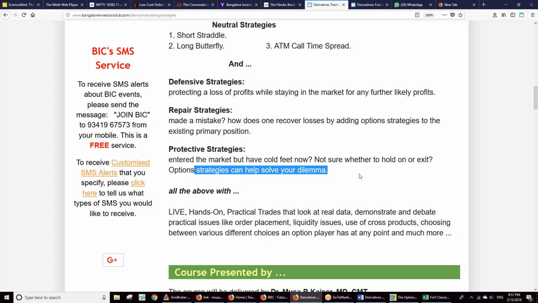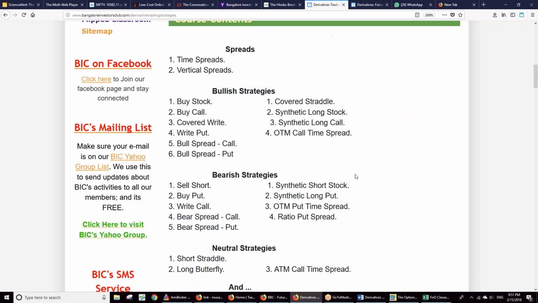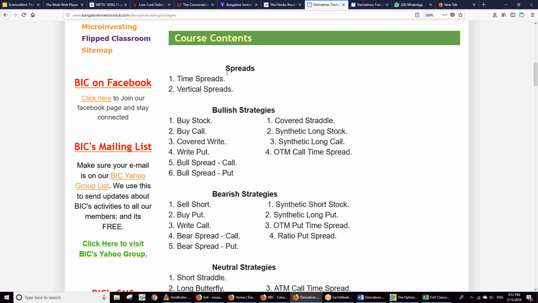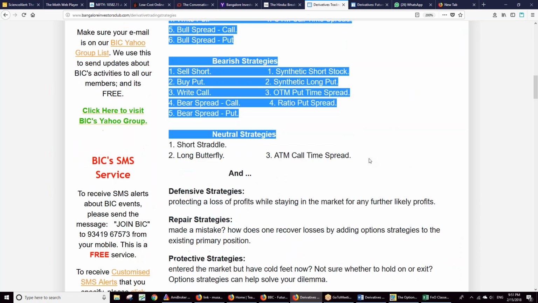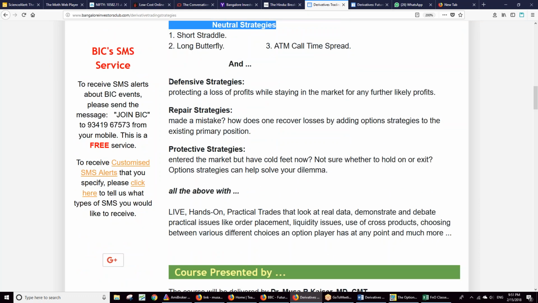So in the derivative strategies course, apart from doing what is very commonly done in terms of spreads, bullish strategies, bearish strategies, and neutral strategies, I think the really interesting part is here.